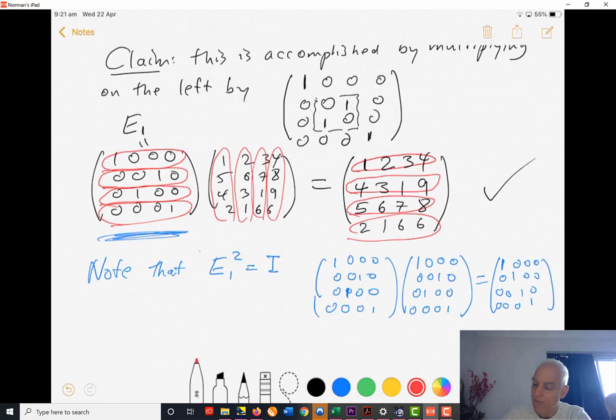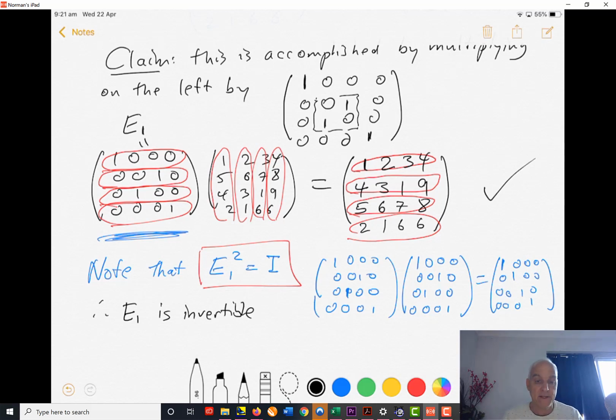And that has the important consequence that E1 is invertible, because it has a left inverse, which is E1, and it has a right inverse, which is E1.